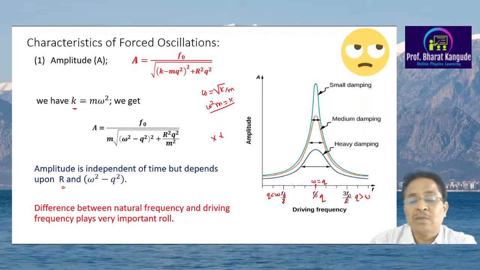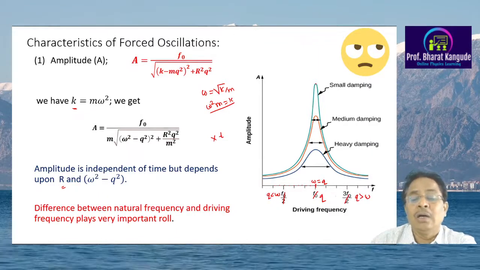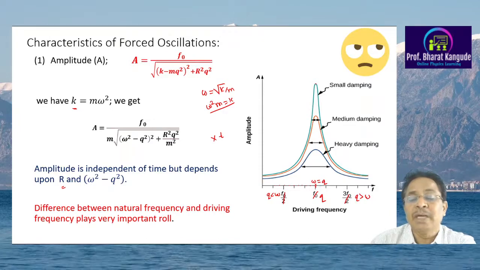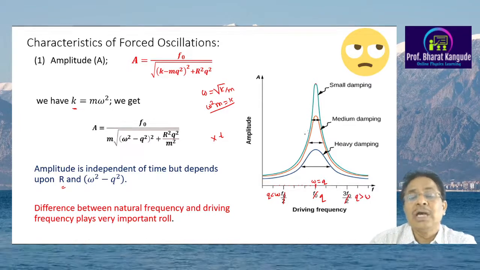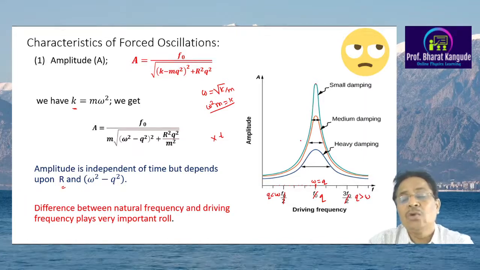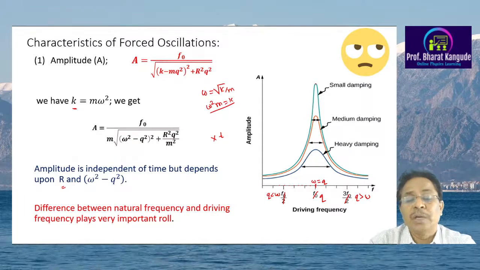So on both sides, omega is the natural frequency of this oscillator, and this particular curve falls, and that's how we get variation of amplitude versus q, or driving frequency, as shown in this particular graph.